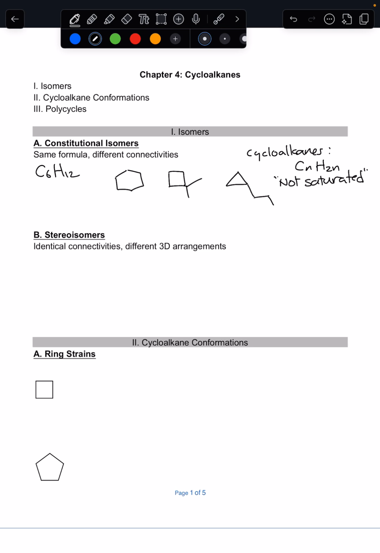Okay, so that's cycloalkanes. As far as constitutional isomers, these 3 are all constitutional isomers of one another, sharing the exact same formula. One way to think about these is that if you go from one constitutional isomer to another, you would have to sort of break your models.